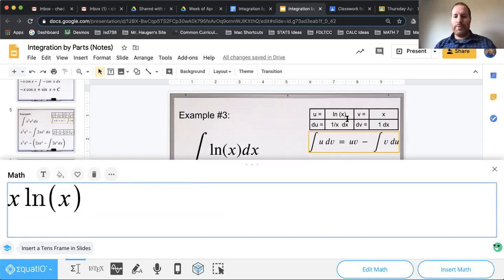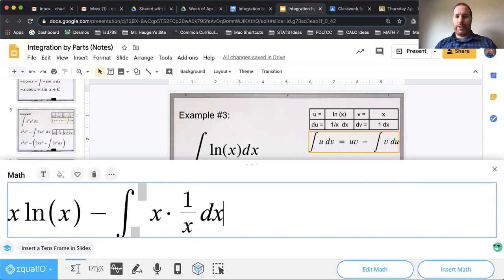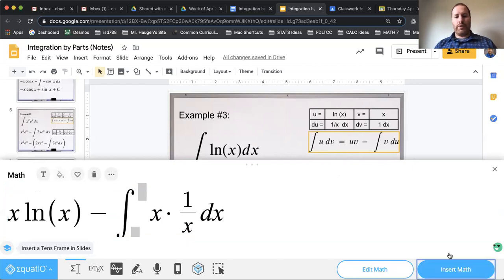There's our u times v minus just the integral of v. Oh, we don't want any lower bounds. We're just doing an indefinite integral, right? That's our v value, x. And then du is 1 over x dx, all right? That's where all those pieces are.